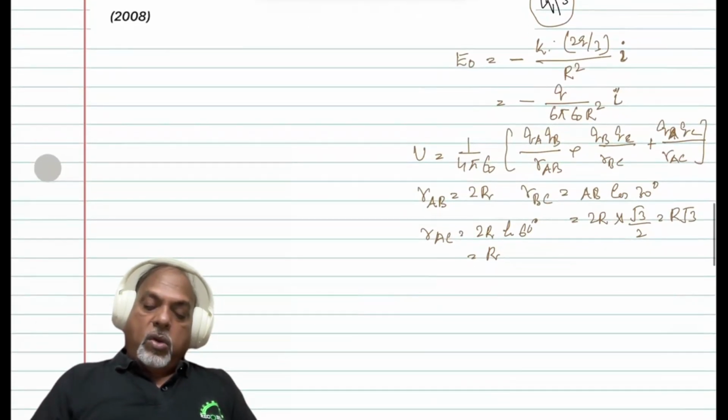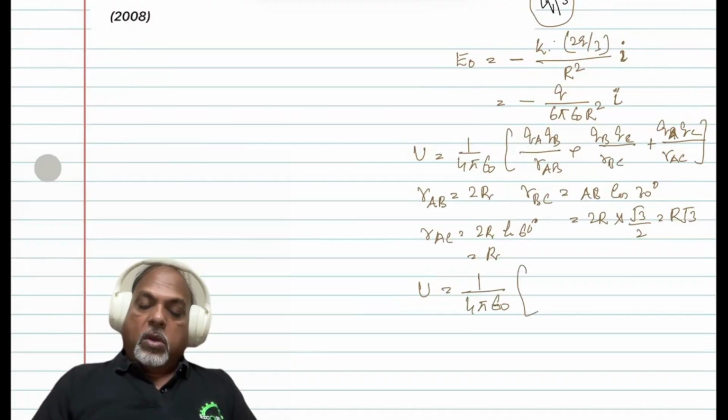Now we know all the parameters, so we can write the potential energy as 1 by 4 pi epsilon 0, and QA QB, that is Q square upon R, minus the RBC term 2Q square upon 9R, and of course this will also be minus 2Q square upon 9R.